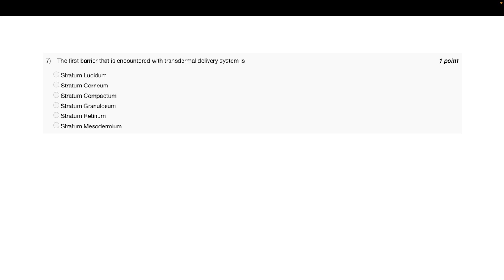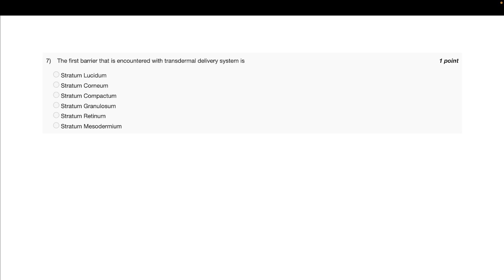Next question is, the first barrier that is encountered with transdermal delivery system is. We have to name that barrier. I just flashed the slide, so does anybody know the answer? Option two, stratum corneum.